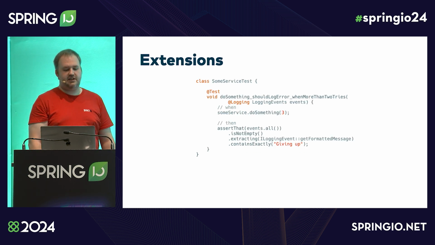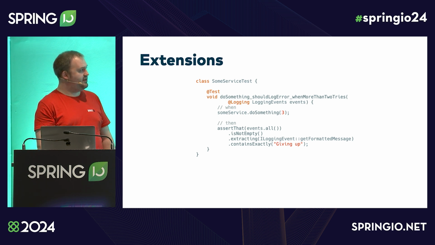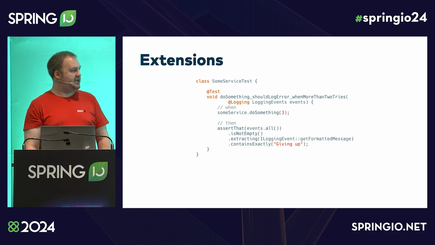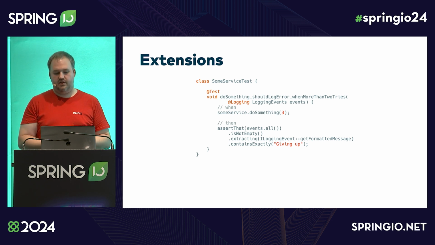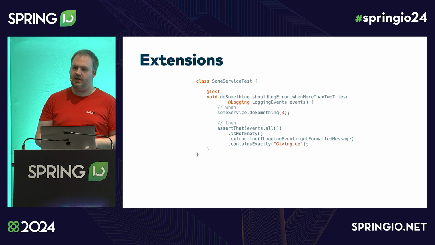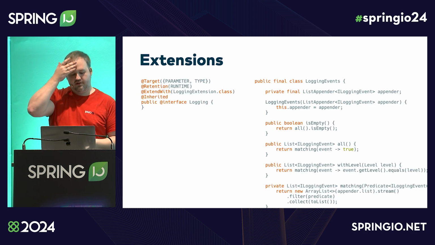And just imagine you could just add another argument to our test, which has some annotations, and then I can assert that these logs are written. And that's possible. You can implement it. So what is a JUnit extension?